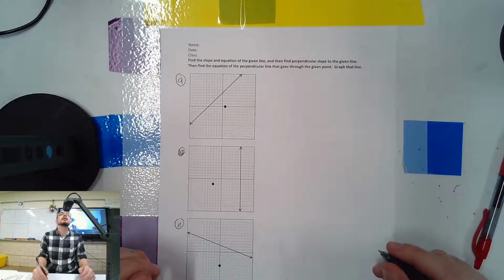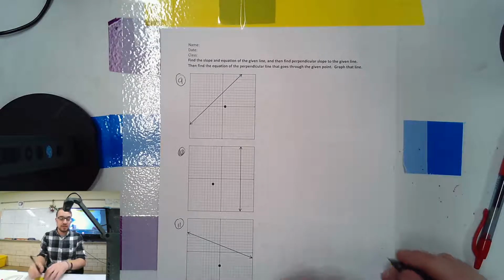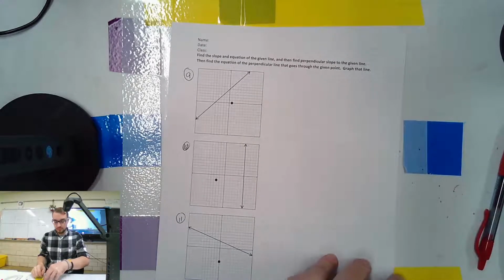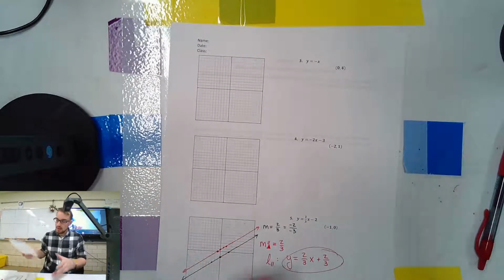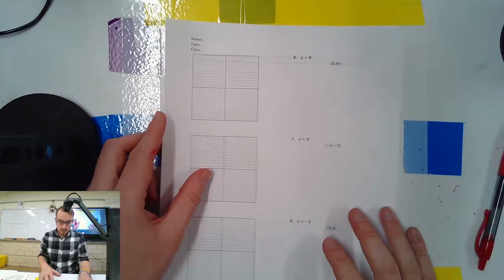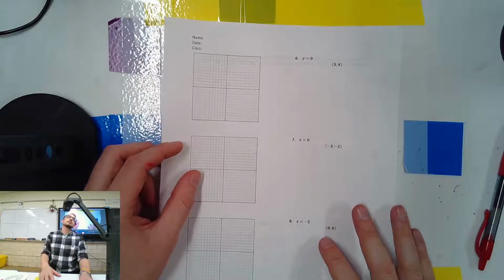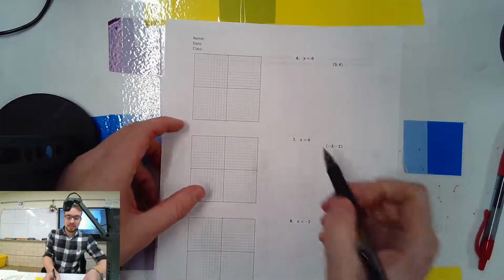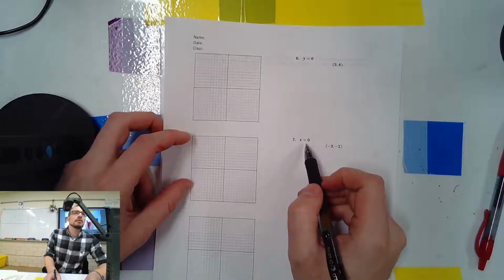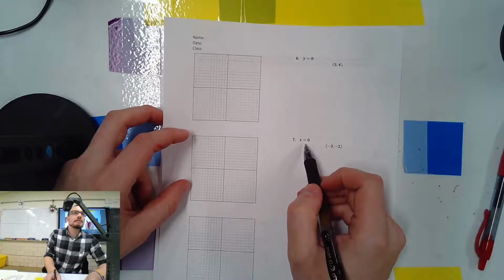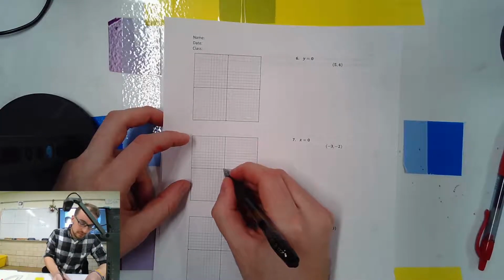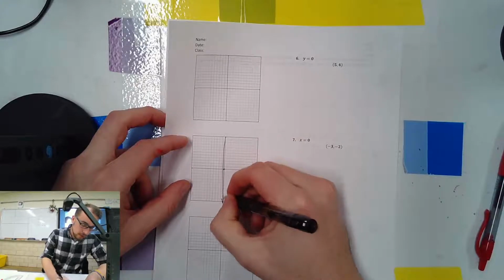Yes, May. I can't find the y-intercept for number 7. For the original line, you mean? Yeah. Well, for the original line I don't need you to find the y-intercept, because there isn't one. Well, there's infinite y-intercepts, I suppose, right?